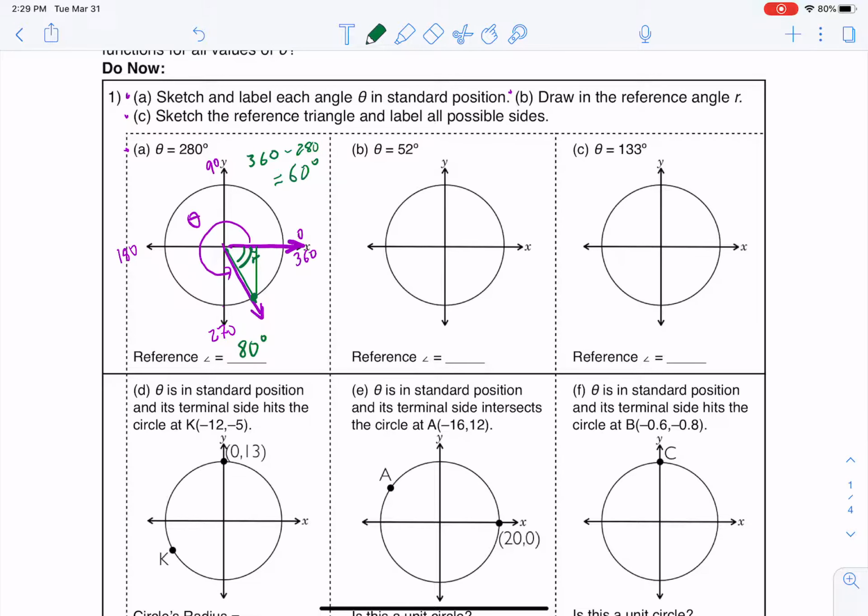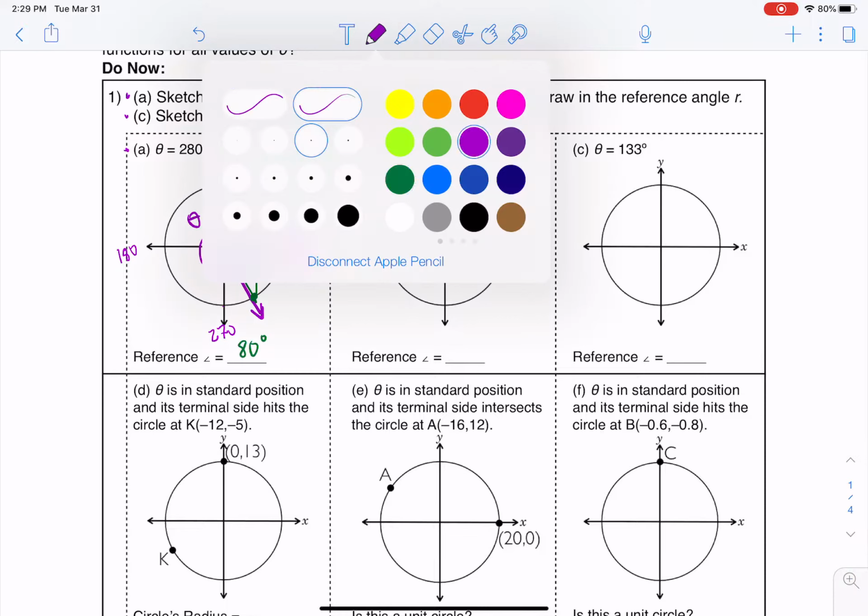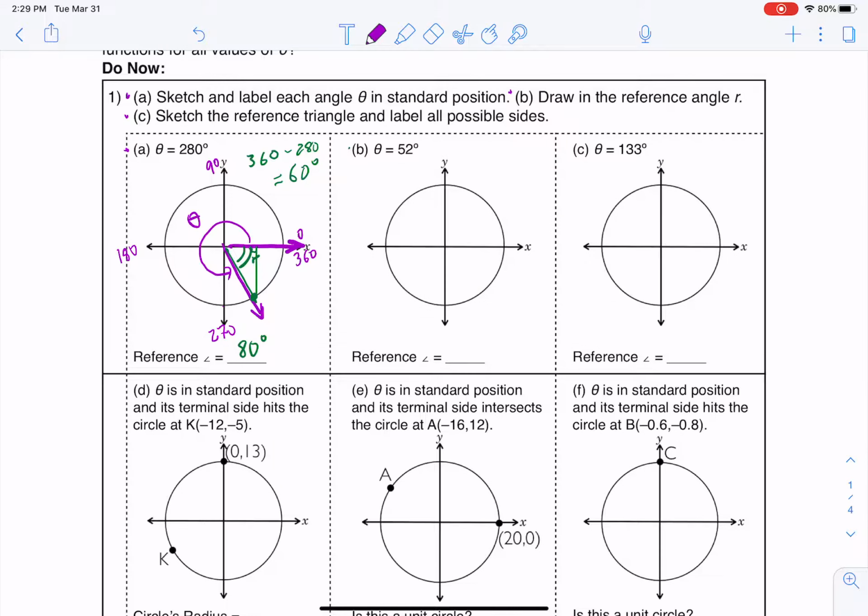For part B, sketch theta equaling 52. Well, 52 is between 0 and 90. It's a little more than halfway between 0 and 90. So here's the initial side of my angle. Terminal side would be somewhere around here.